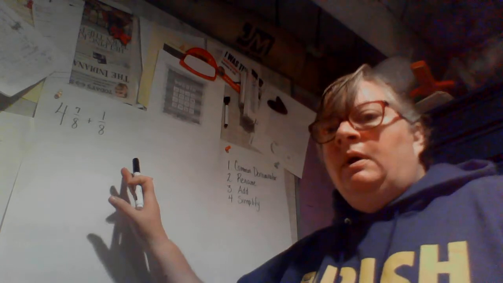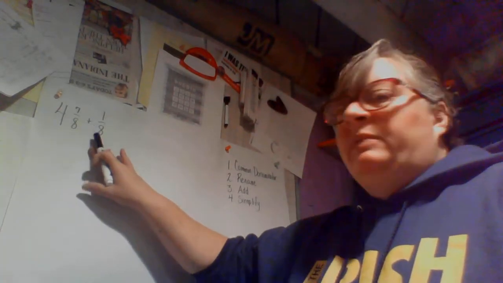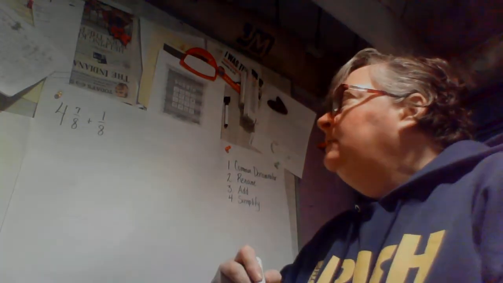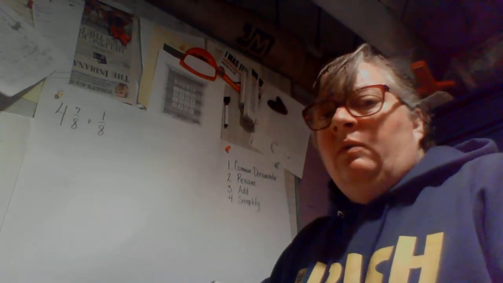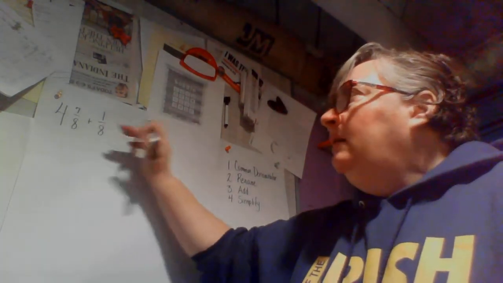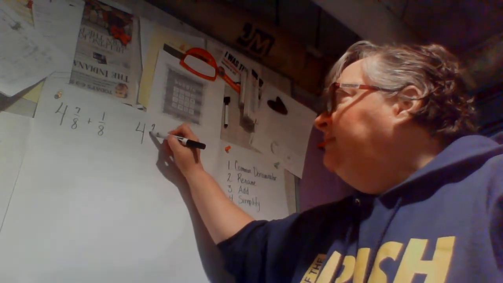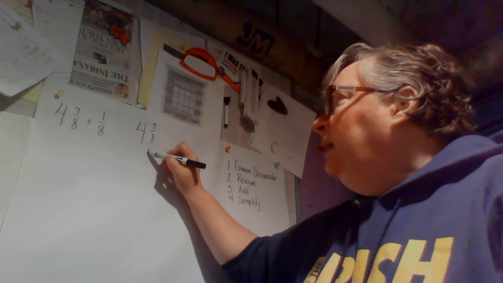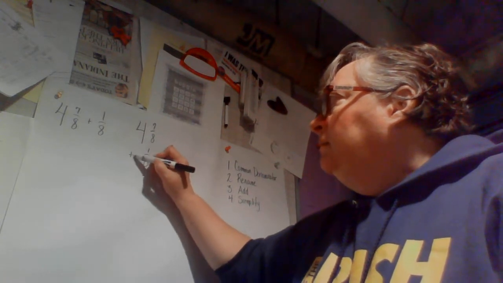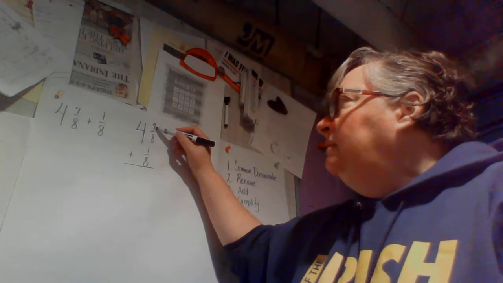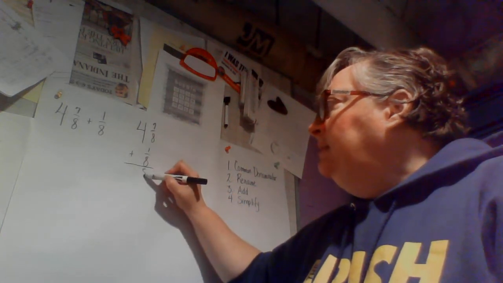So in our first problem, 4 and 7/8 plus 1/8, our fractions do have common denominators. But we're going to make sure that we're adding in the right columns. So I'm going to put 4 and 7/8 and 1/8 here. 7 plus 1 is 8.